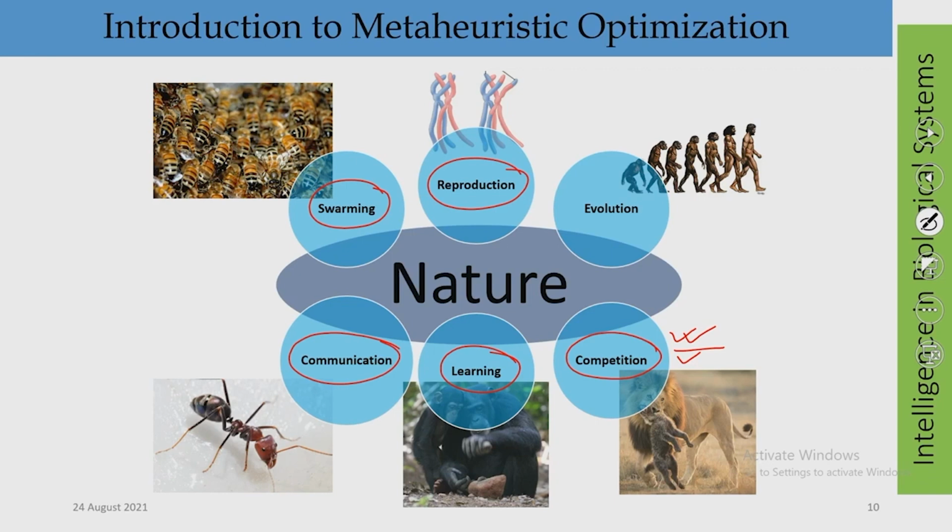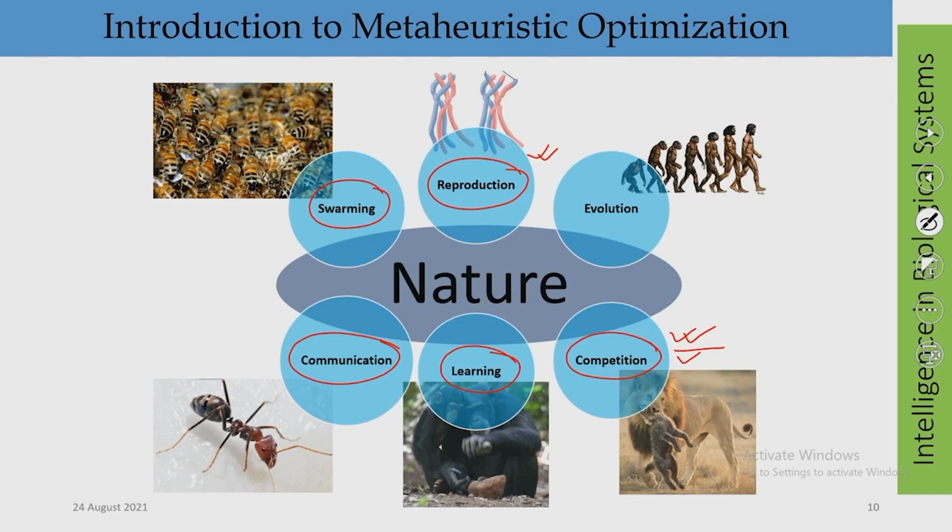So, that is another factor happening in nature. Now, what we are doing basically, if you look at these natural processes, or the phenomena happening in nature, or intelligence in biological systems.